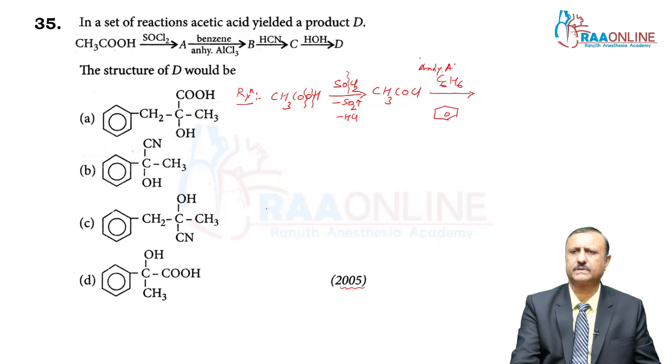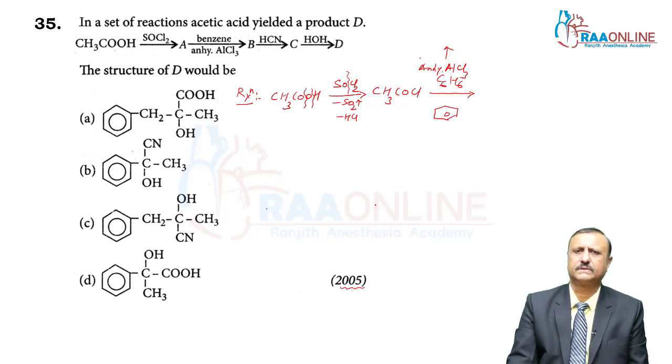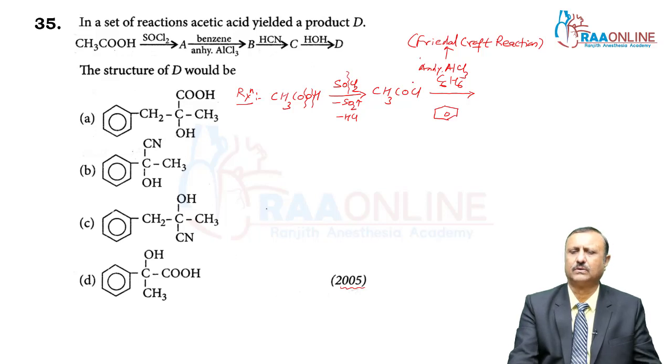What is the name of this reaction? You can recall, my dear students. Yes, this is the Friedel-Crafts reaction, and you know very well that in this Friedel-Crafts reaction the acyl group is attached to the benzene ring.